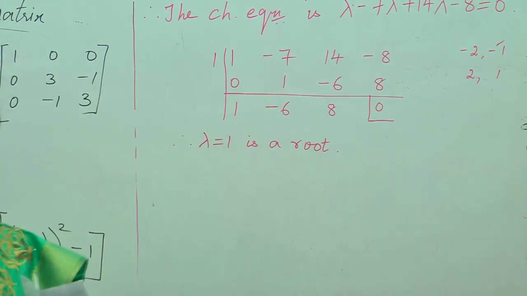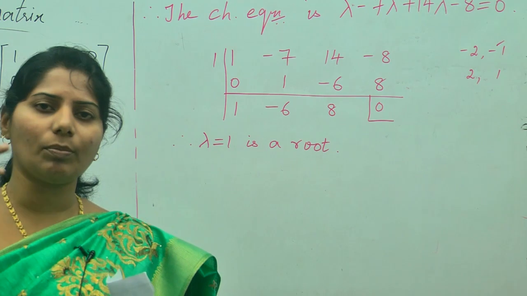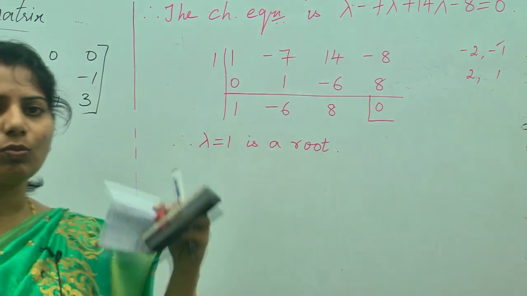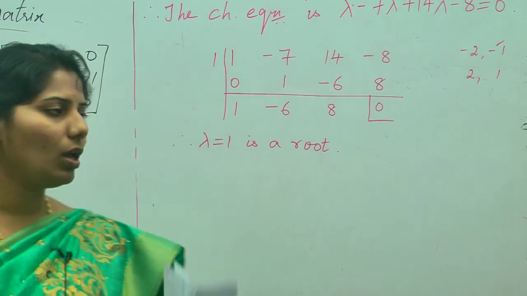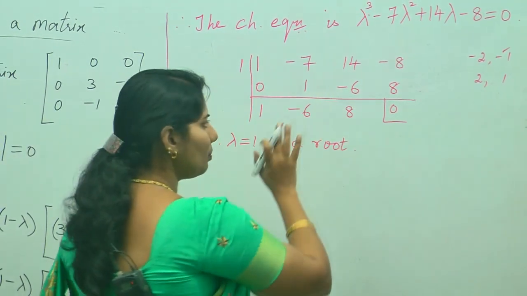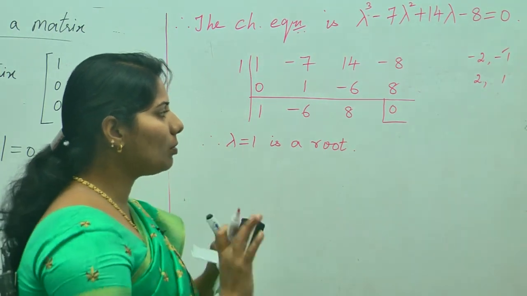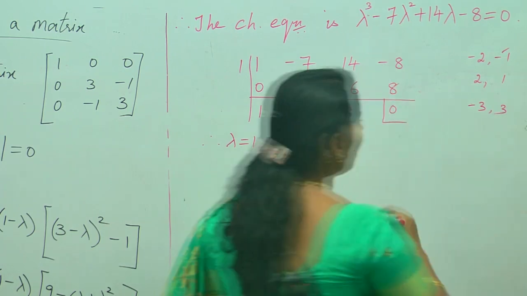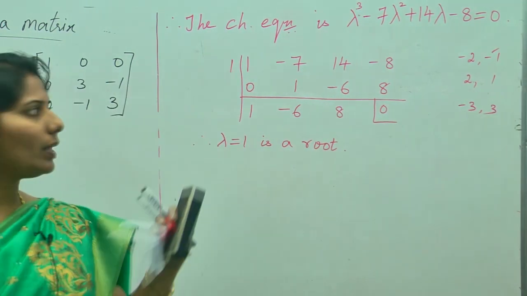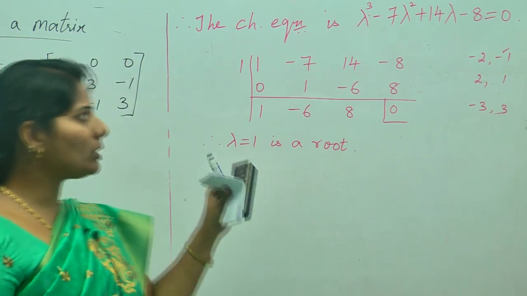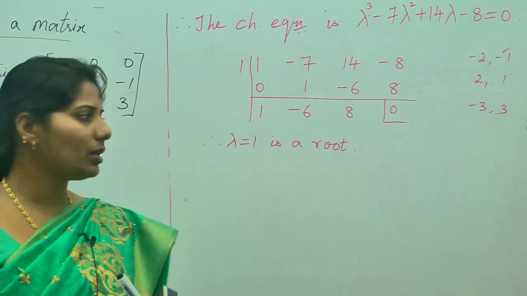If you are going beyond 3 or minus 4 or 4, then the characteristic equation what you have found out is wrong. So, once you are finding out the roots by using the synthetic division, maximum you have to go for the roots minus 3 to 3. If you are going beyond that, then go check for the characteristic equation. You must have made a mistake in the characteristic equation.